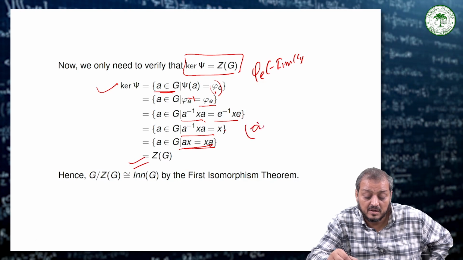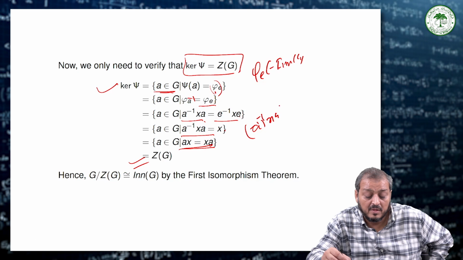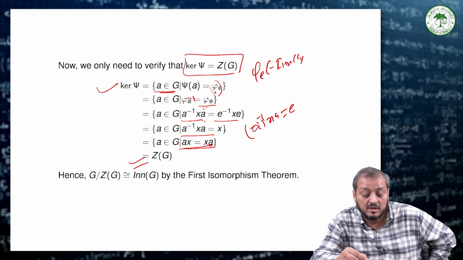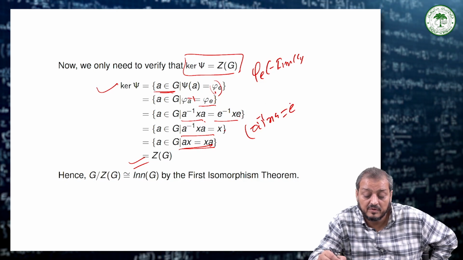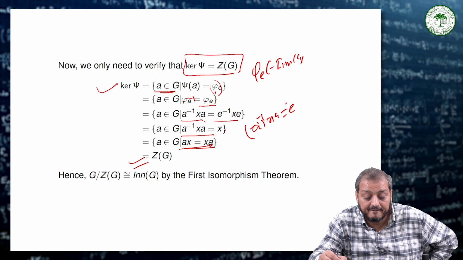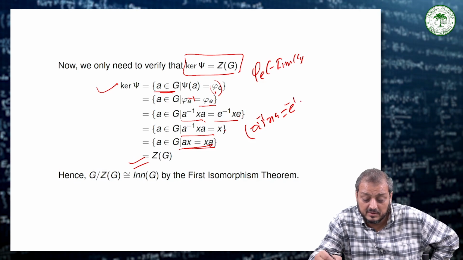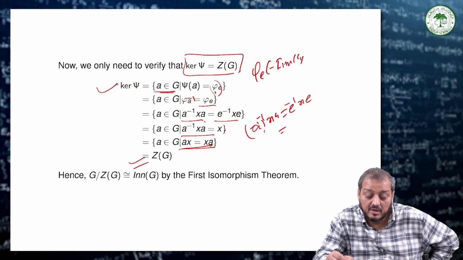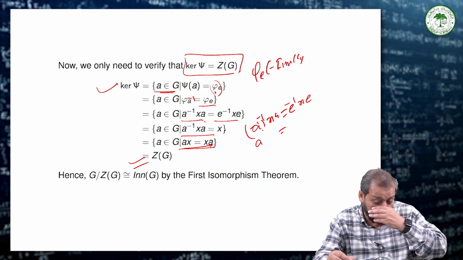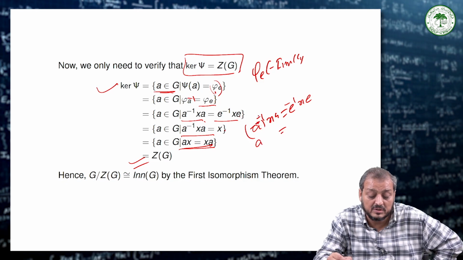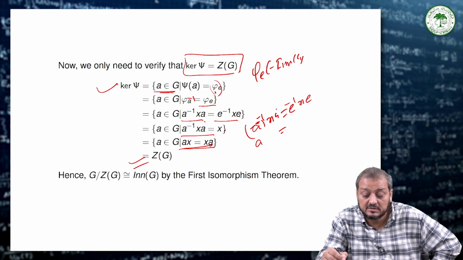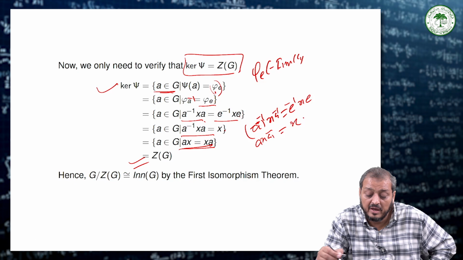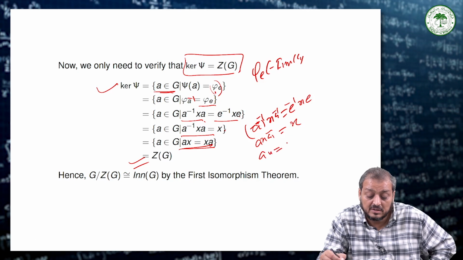A inverse x A is equal to E, this is E inverse x E, and then we have A inverse x A, so x of A inverse is equal to Ax, and then xa is equal to ax.